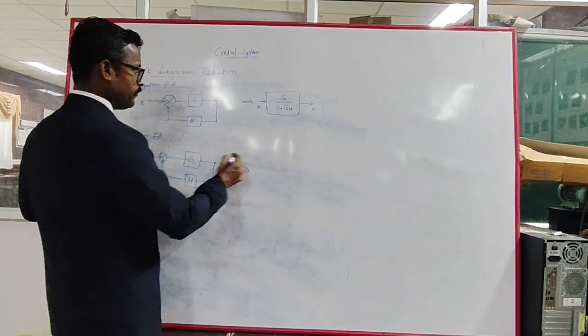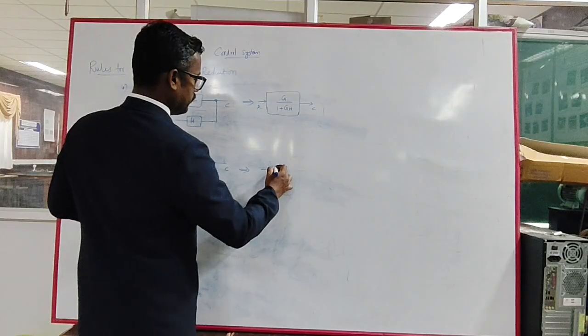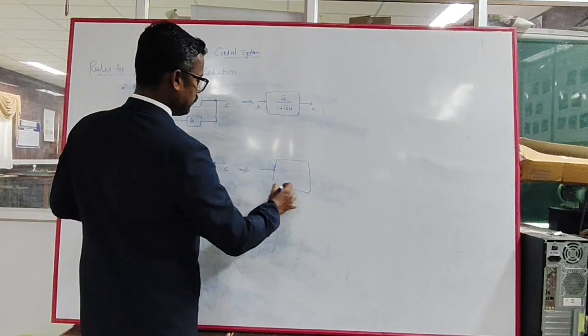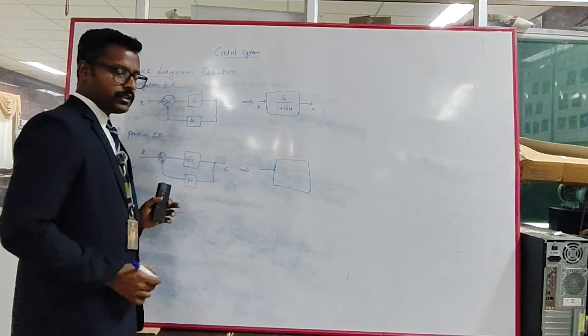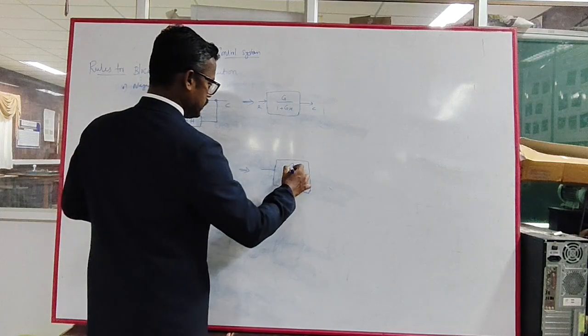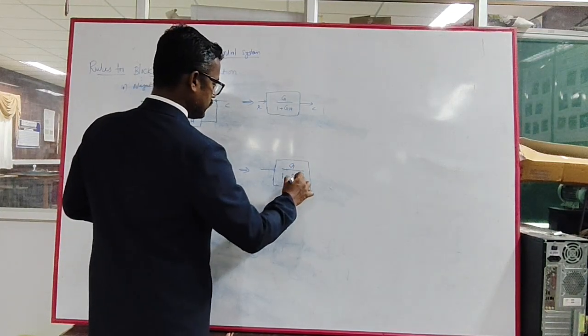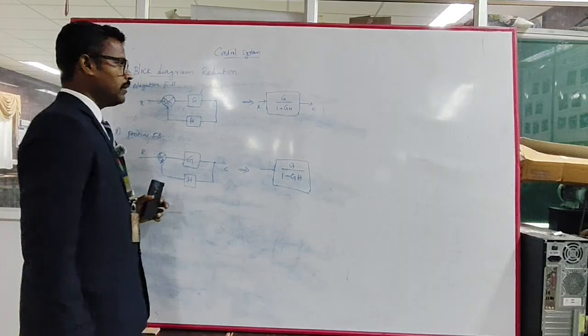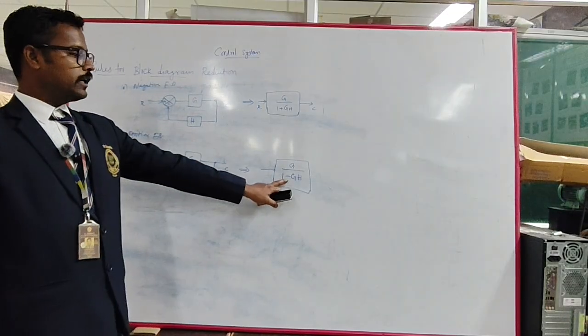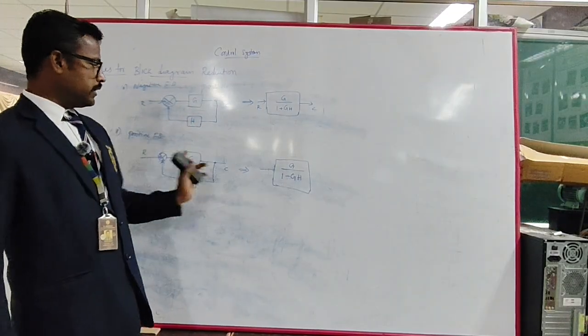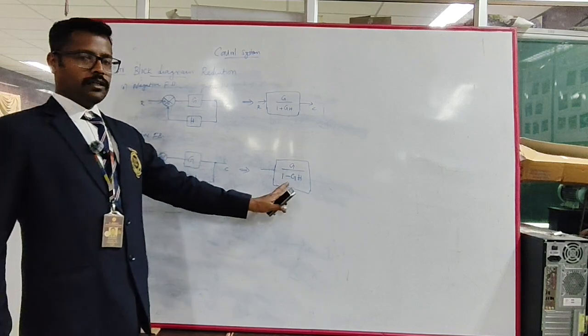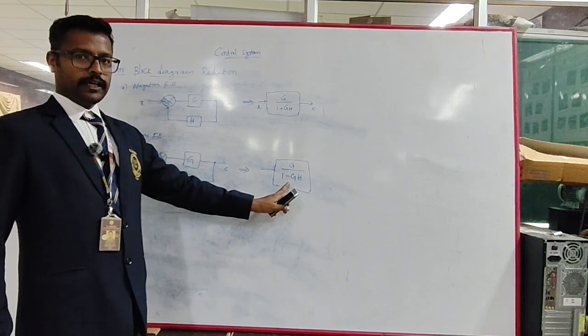Okay, the positive feedback is represented and it will be reduced into a single block diagram, or single transfer function, as the forward path G divided by 1 minus GH. If it is negative, you will get negative into negative, positive, but in a positive feedback again we are having the negative sign.